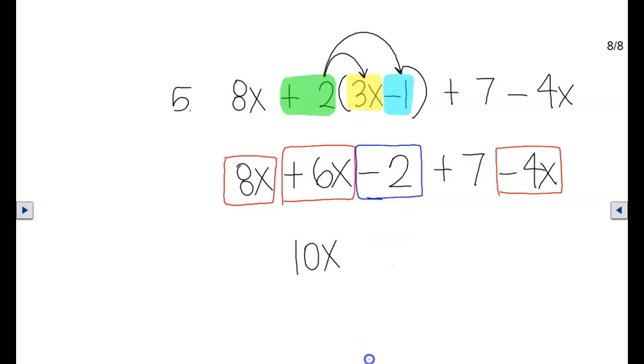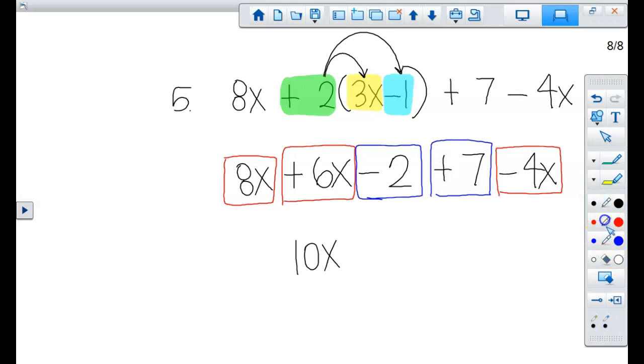Let that minus stay with him. That belongs to him. Notice that this term does not have a variable part. No variables at all. So that makes this plus 7 like him because he doesn't have any variables at all either. So remember, it's the variables that determine if you're like terms or not. It has nothing to do with anything else.